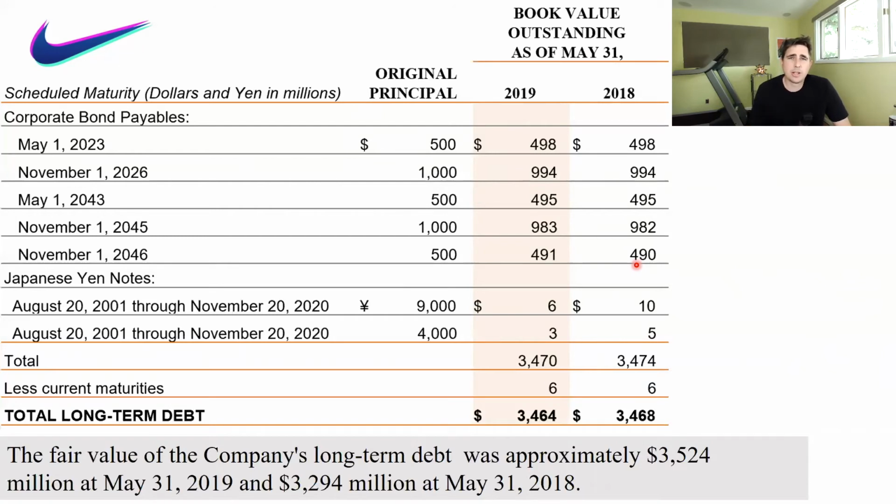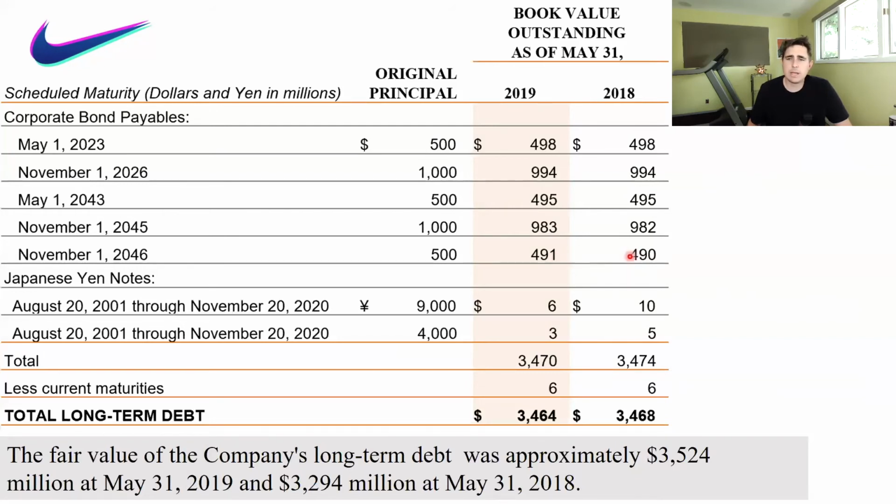Now, remember the journal entry that we record each year during a bond's term. Part of that journal entry is interest expense. Part of that journal entry is the payment of the coupon payment. And the difference between interest expense and the coupon payment amortizes the book value of the bond towards its face value.